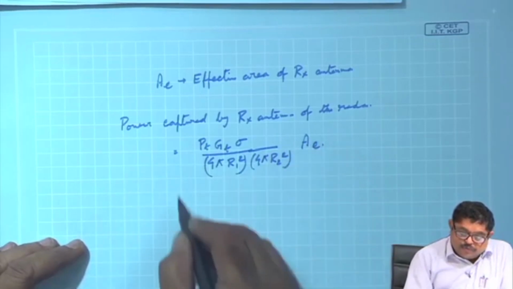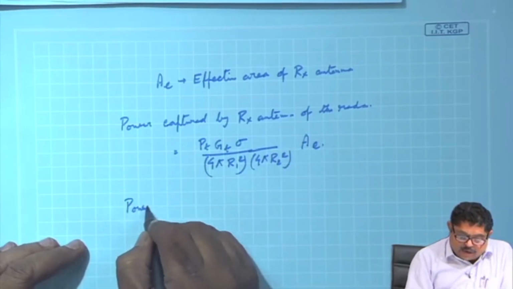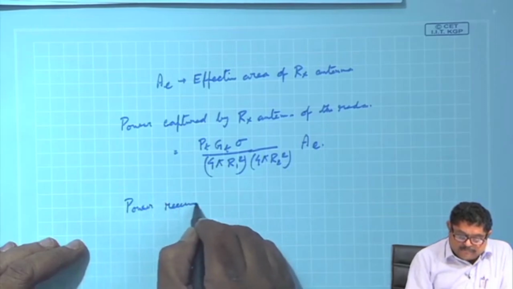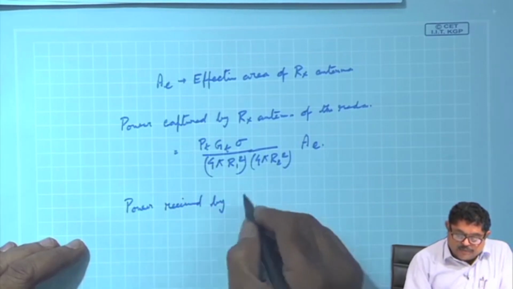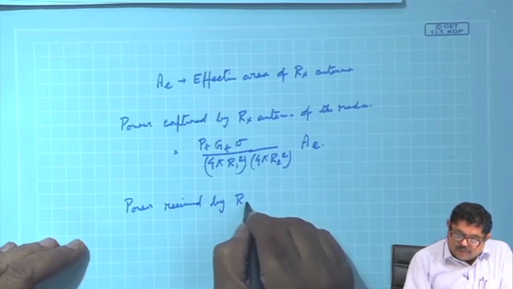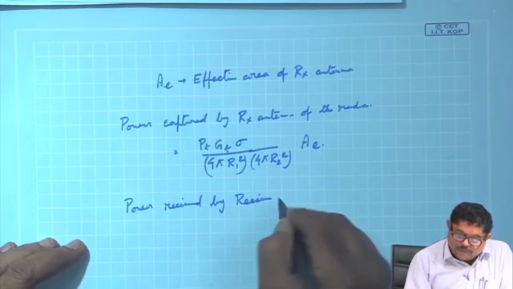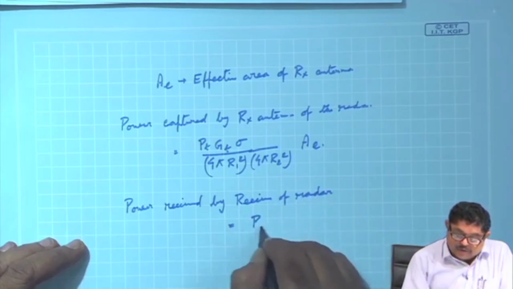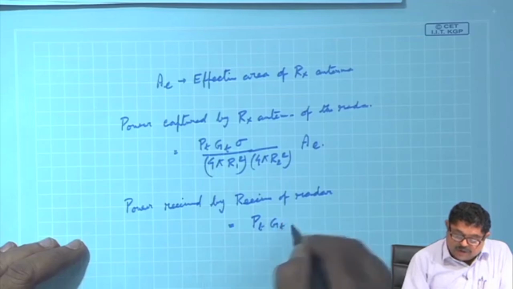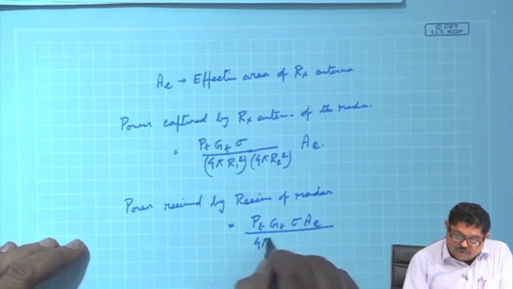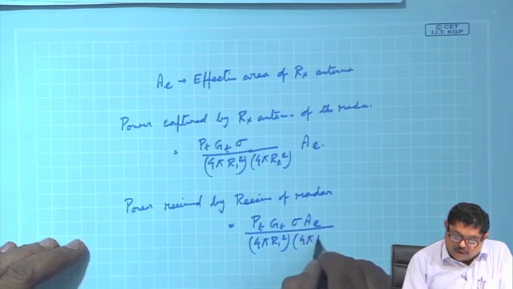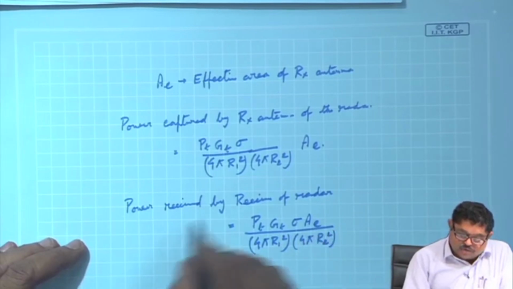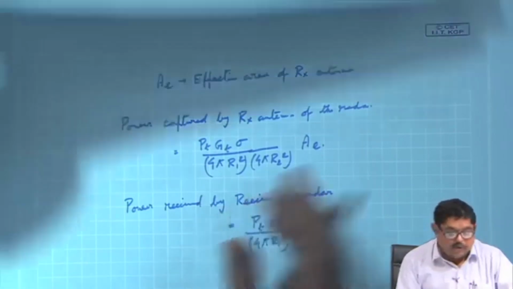So, I can say that the power received by the receiver of the radar is PT GT sigma AE by 4 pi r1 square into 4 pi r2 square.